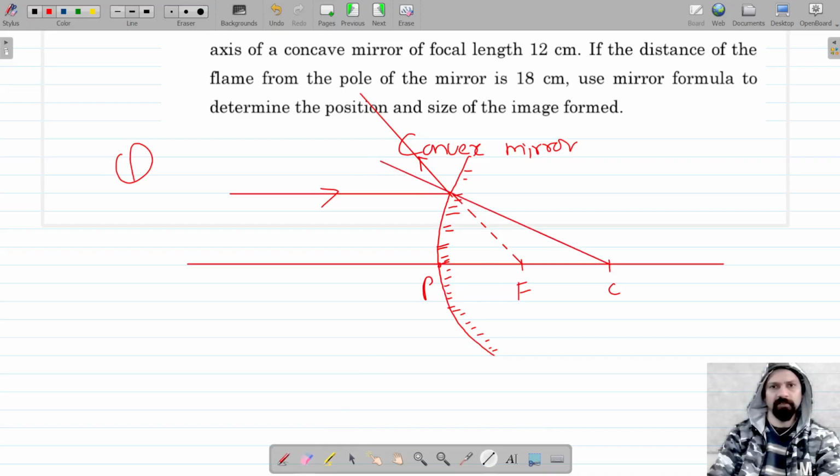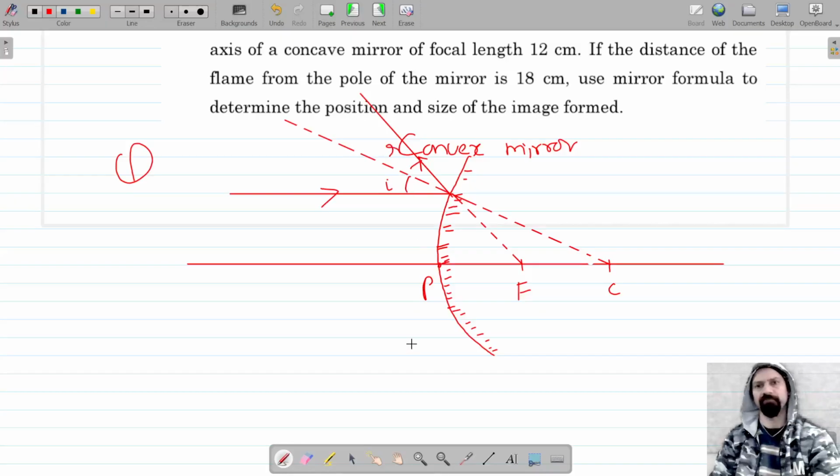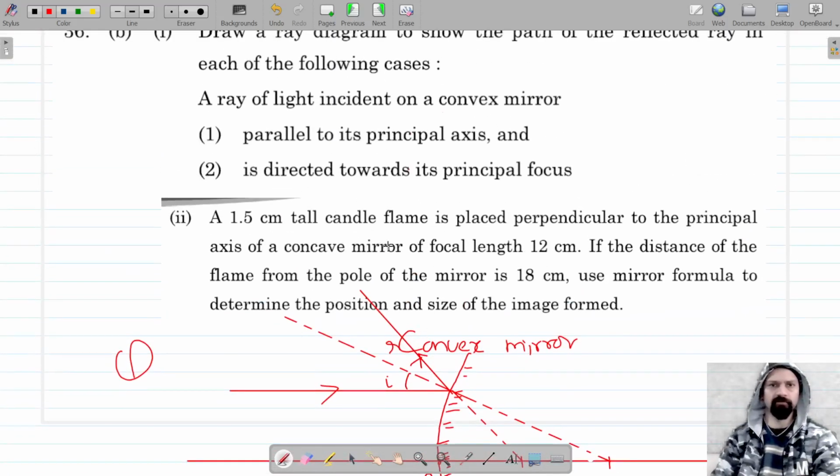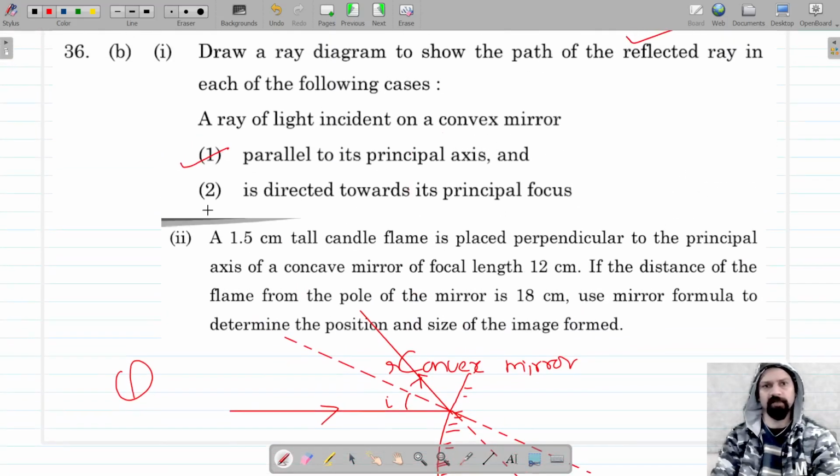This ray is the normal. We will use the dotted line to indicate that it's a normal. A normal passes through the center of curvature. This is the angle of incidence, this is the angle of reflection. So this is how the ray of light parallel to the principal axis goes.